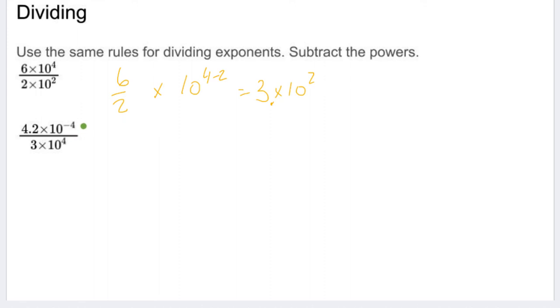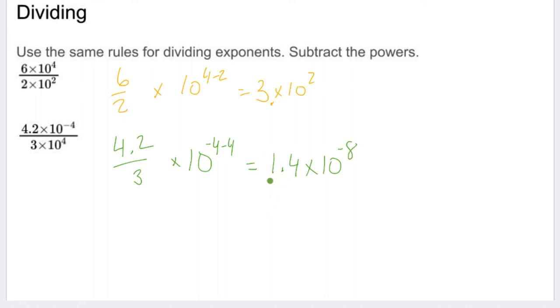Next, 4.2 times 10 to the negative 4th, divided by 3 times 10 to the 4th. We're going to subtract these powers. So 4.2 divided by 3 times 10 to the negative 4 minus 4. 4.2 divided by 3 is 1.4, and negative 4 minus 4 is negative 8.